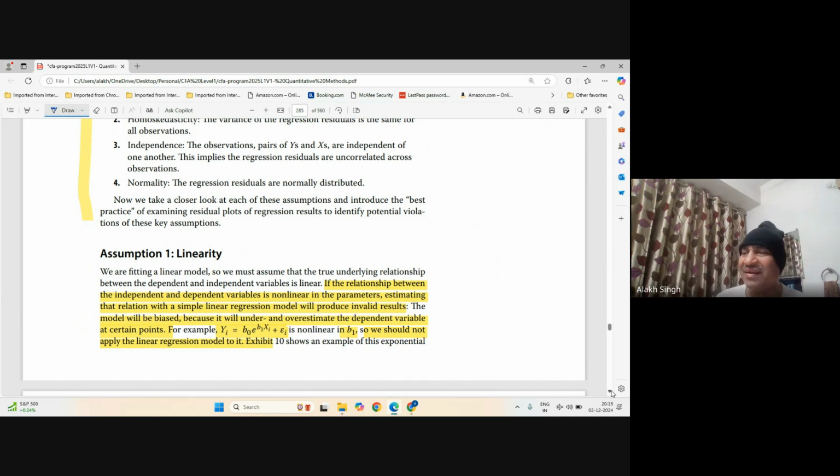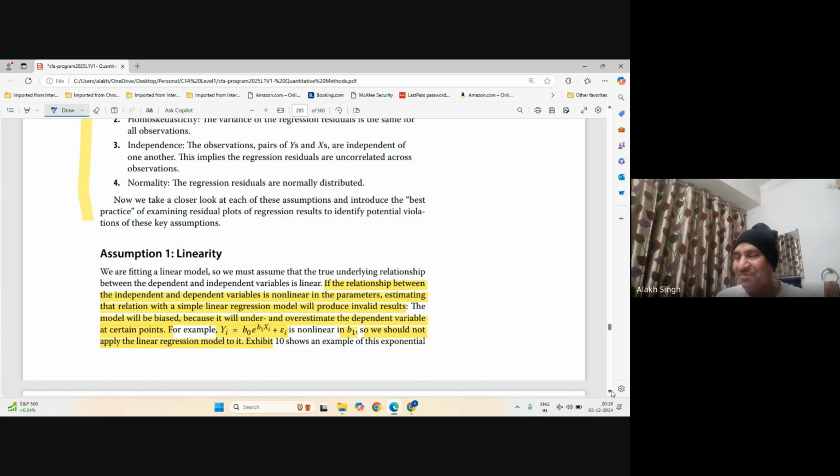Then the error terms are not independent. If there is a series of error terms, either positive or negative, then you can figure out that it is not random. Two can be positive followed by one negative, then again two positive followed by three negative.